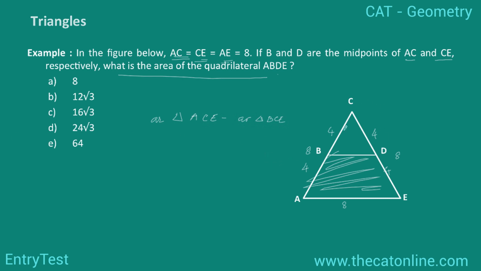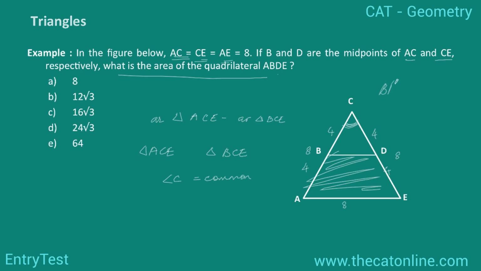Now if I look at triangle ACE and triangle BCE, angle C is common that I have. So it will be here also and it will be here also. The second thing that I need to understand is the basic proportionality theorem that I have studied before.